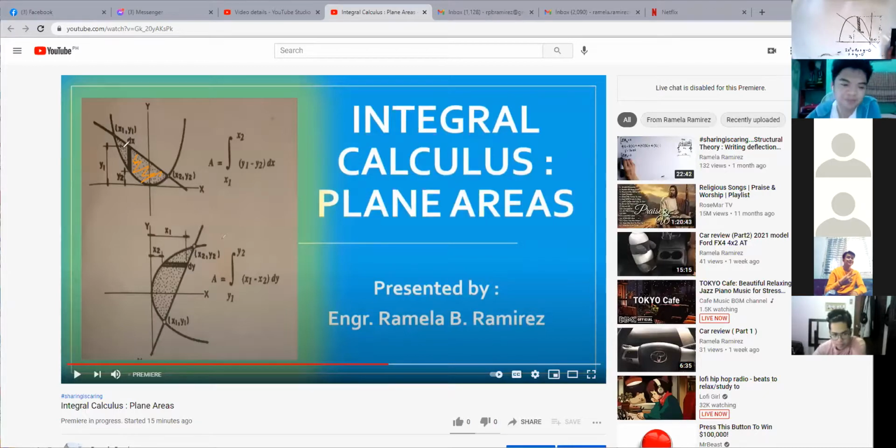So this area shall be determined with the use of elements. So that element is represented by this figure. You have dx as the width of the element, and then of course you have the height of the element.